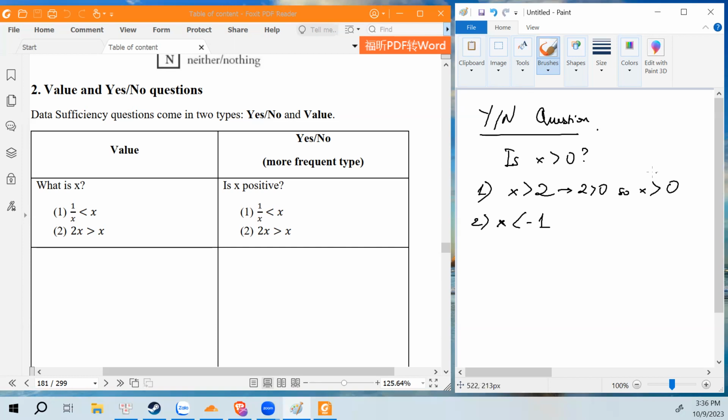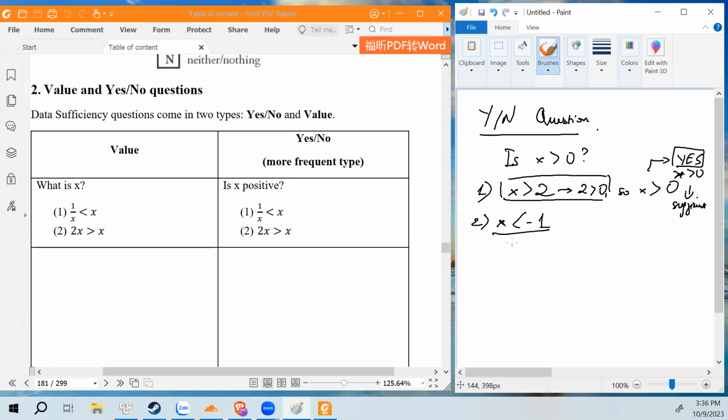It means that the answer is always going to be yes, X is greater than 0. So because it's always going to be just yes, this is sufficient. There's never going to be a value of X satisfying statement 1 here that makes X less than or equal to 0, right? X is always going to be greater than 0.